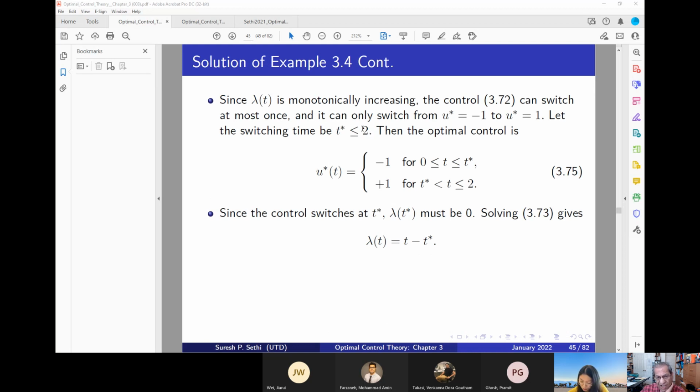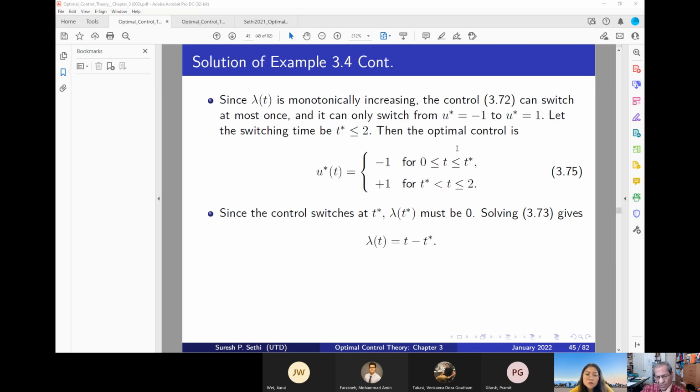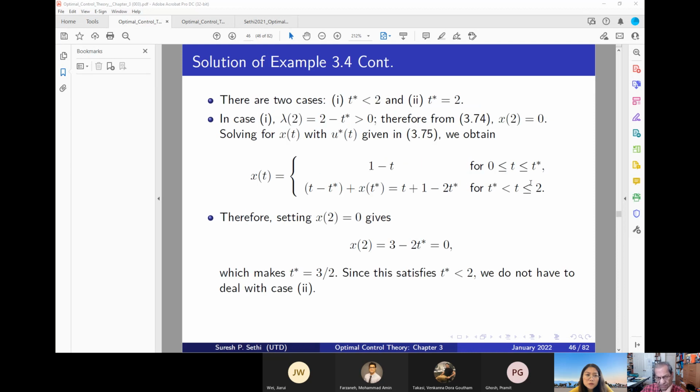And if T star is whatever it is, then I can solve this problem by putting -1 until T star and then +1 after T star. When I solve this differential equation, I can easily see that this is my U star. And the solution for that is going to be this. Because if you put u equal to -1, we begin with 1.